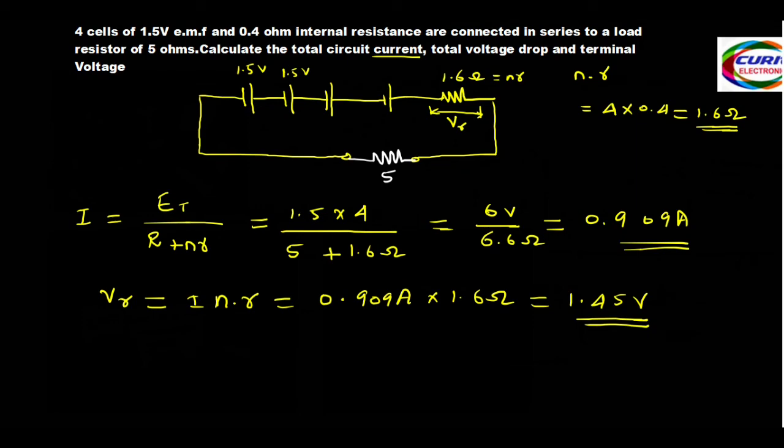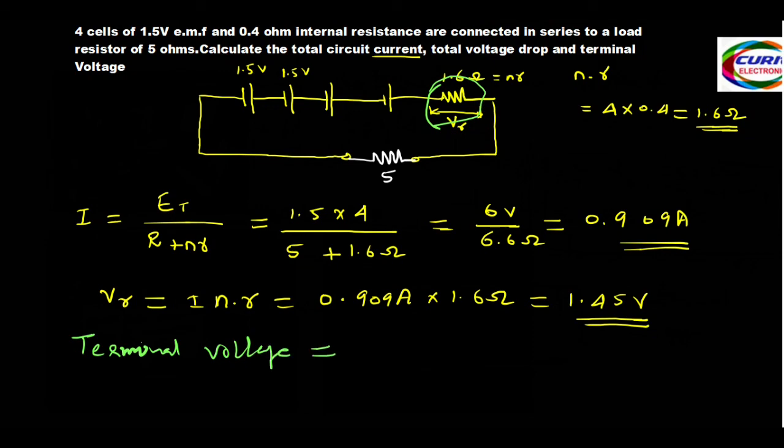Now what else we have to find? Terminal voltage. If 1.45 volt is dropping across the internal resistance here, then what is the terminal voltage?